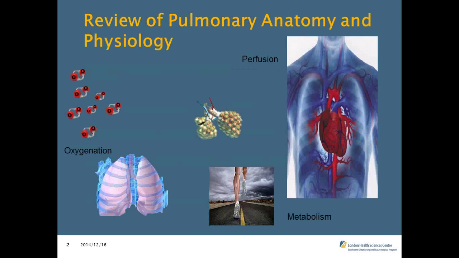So the first thing we want to do is review some of the pulmonary anatomy and physiology. The primary function of the respiratory system, as we know, is to exchange carbon dioxide with oxygen. During inspiration, air enters the upper airway where it's warmed and humidified.